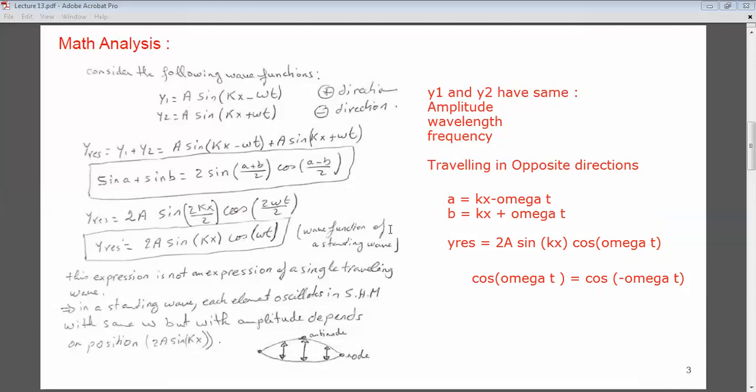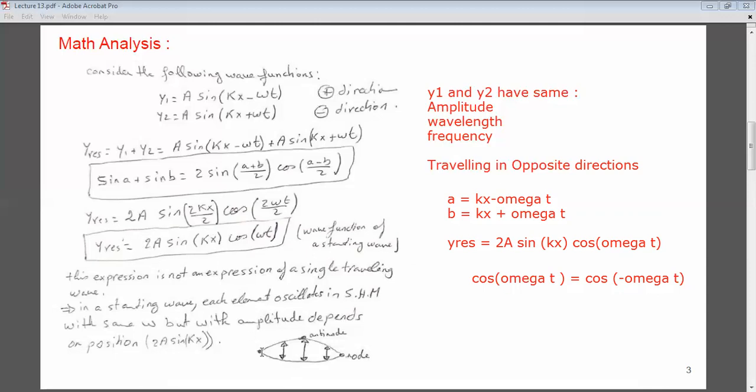This is the wave function of the standing wave. This expression is not the expression of a single traveling wave. This is not like what we got before, y equal a sine kx minus omega t. Here it is a standing wave. Each element oscillates in simple harmonic motion with the same omega, but with an amplitude that depends on the position, which is 2a sine kx.